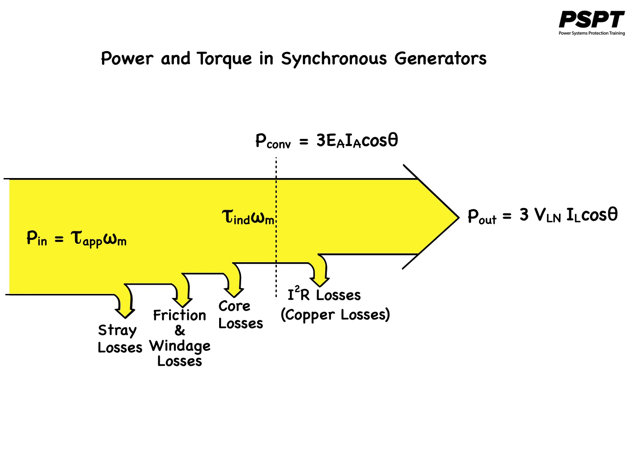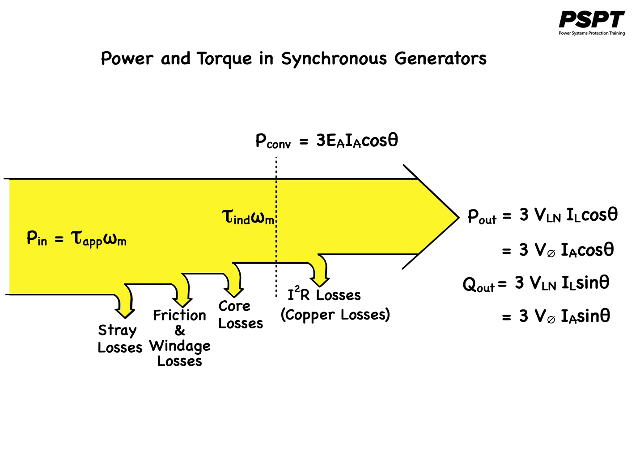Once power starts to flow in the machine, you're going to have losses associated with the current flowing in the generator, which is depicted by the I squared R losses, or copper losses in the machine. The final output of the machine is given by 3 times the line to neutral voltage times the line current times the cosine of the angle between them, or it is 3 times Vφ times IA times cosine of the angle between them.